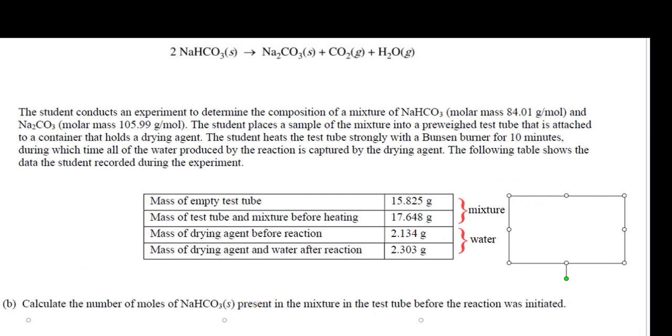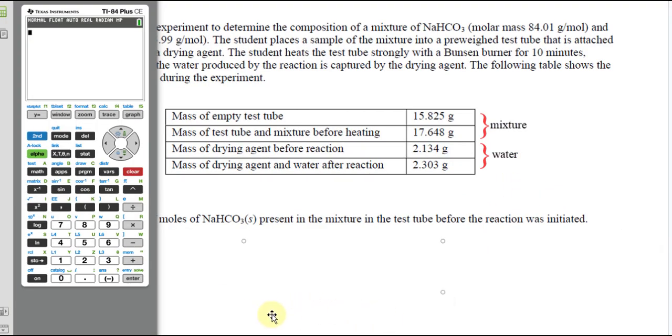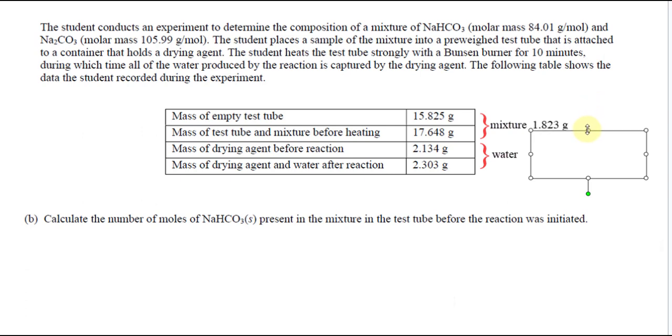All we have to do is get our calculator out. So let's do the subtraction. I'll take the value for the mixture and the test tube, 17.648, minus the test tube all by itself, 15.825, and get just the mass of the mixture, 1.823 grams. This is the mixture all by itself.